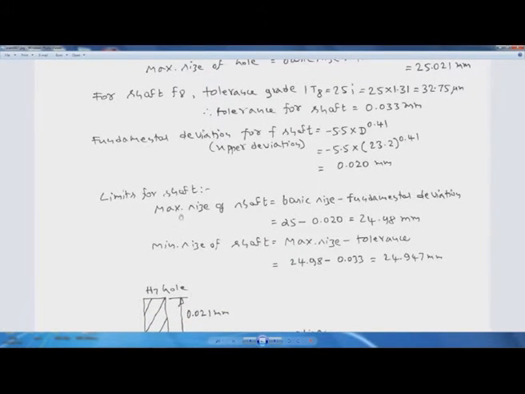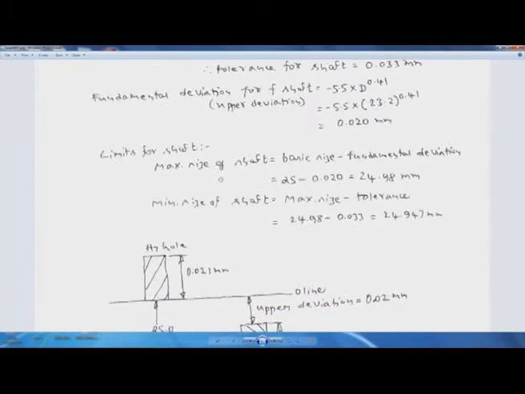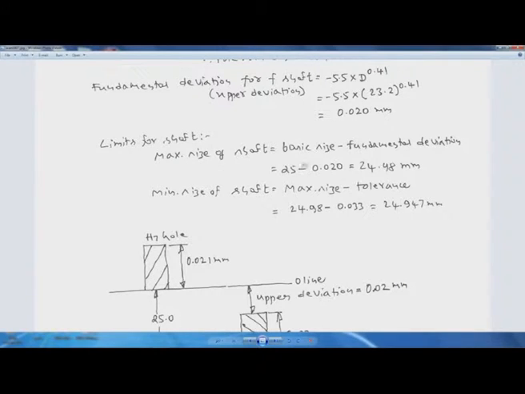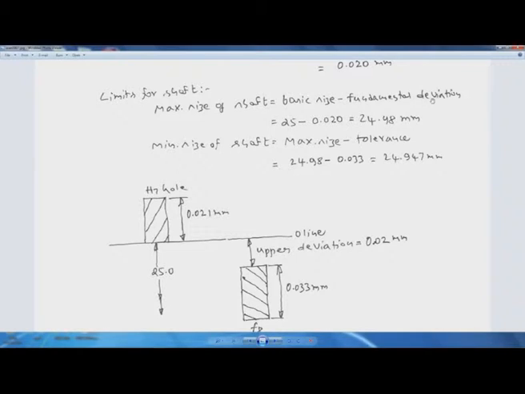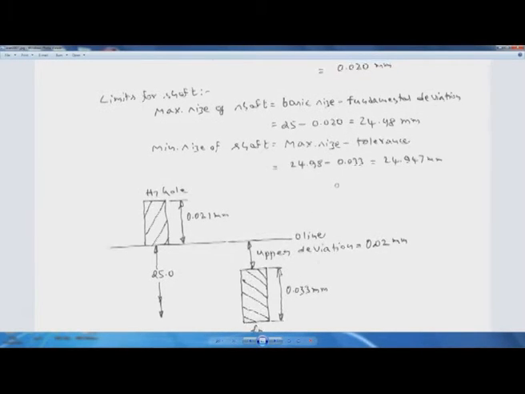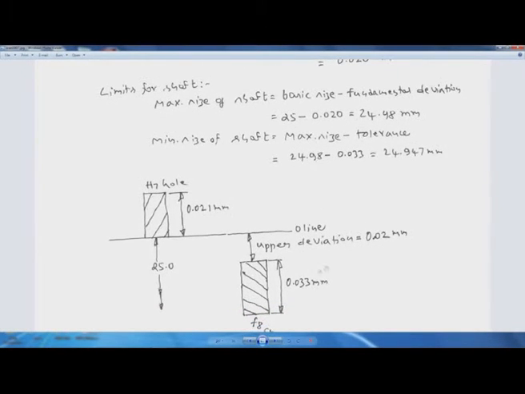Now once we find the tolerance value for the shaft and the upper deviation, we can get the limits for the shaft. The maximum size of the shaft is equal to the basic size minus the fundamental deviation. You can see here we have this 0 line, and the upper deviation for the shaft is a negative value, negative 0.020. So we are showing the upper deviation 0.02 mm, and then the tolerance value for the shaft is 0.033 mm.